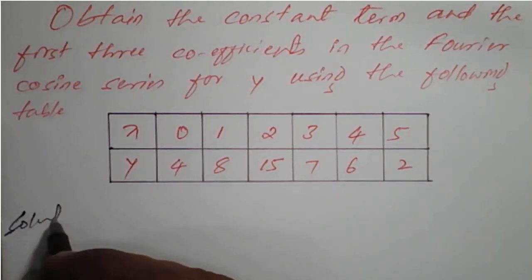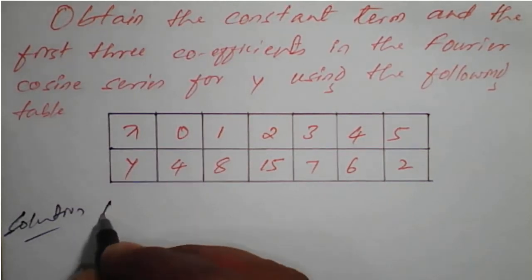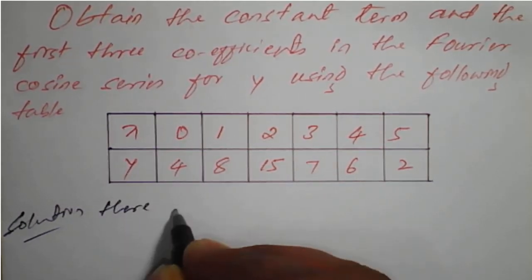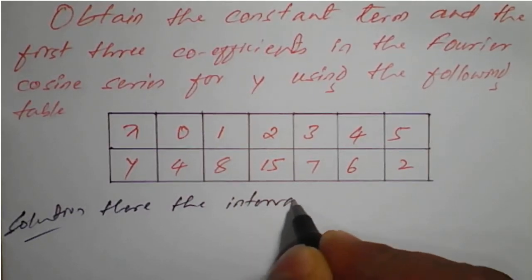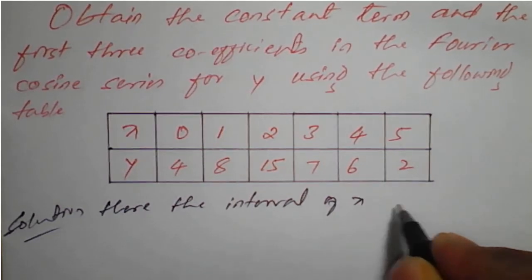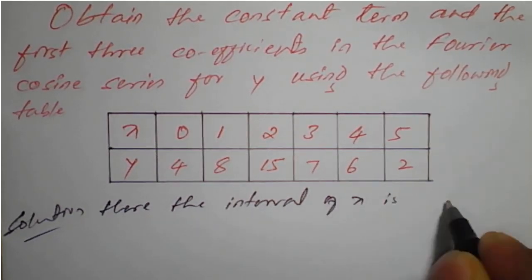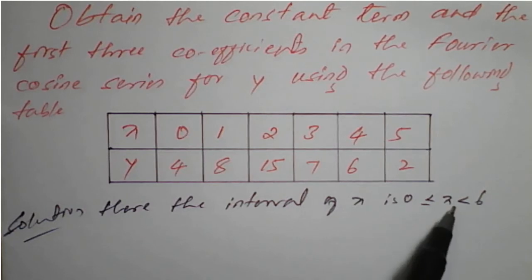Solution. Here the interval of x is x greater than or equal to 0 but strictly less than 6, because here the last value is 5, so strictly less than 6.